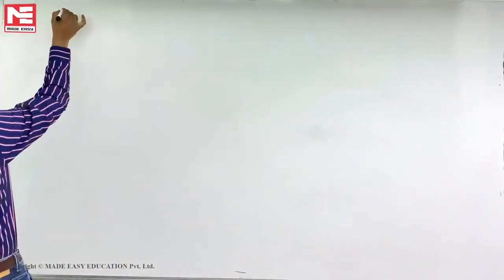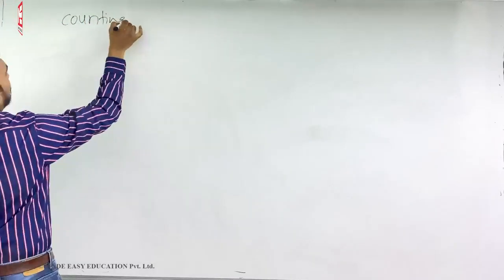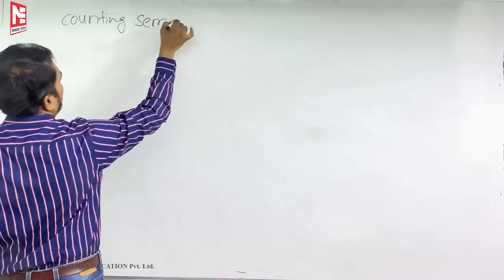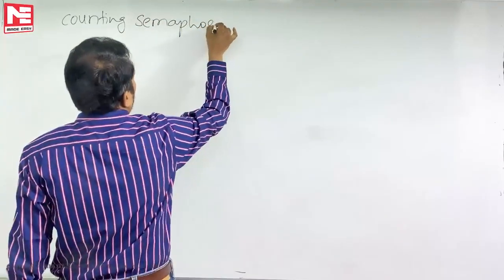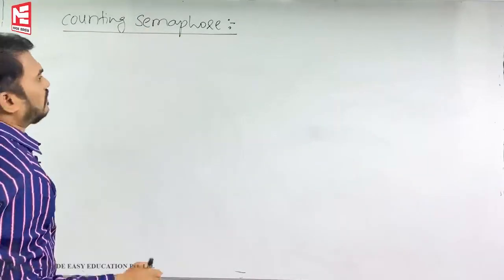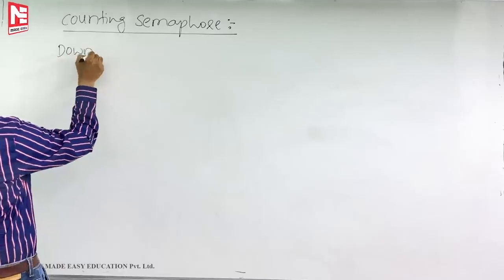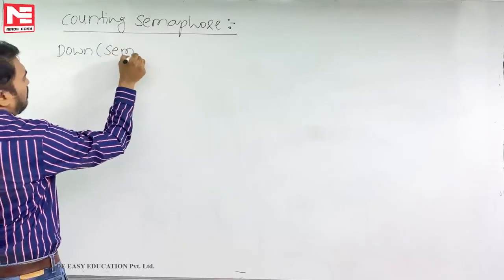So keep the heading counting semaphore. Note down, copy this: counting semaphore, down and up operations.